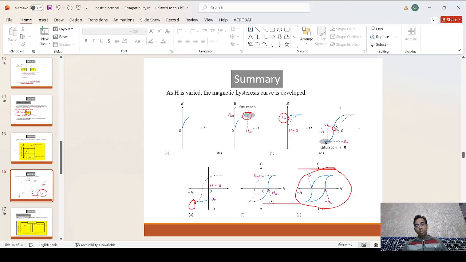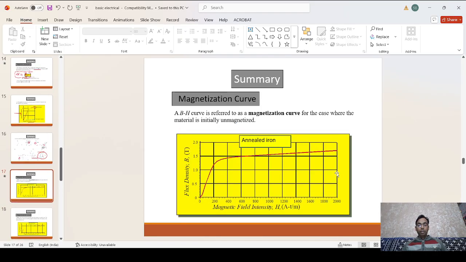This point is the coercivity of the material, meaning the magnetizing force is in the negative direction but the flux density is zero. Again increasing the value of the force, we reach the point called demagnetization, where the material is fully desaturated. Again changing the position of the switch completes the hysteresis loop, and it helps to find the permeability of the material.